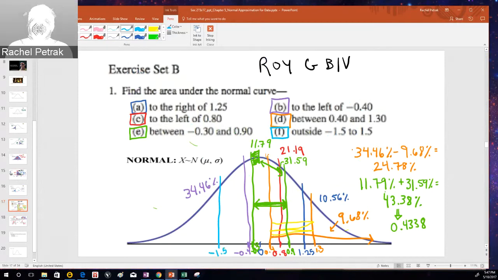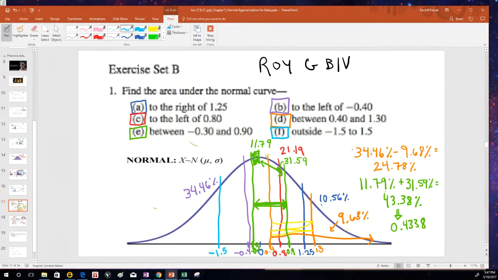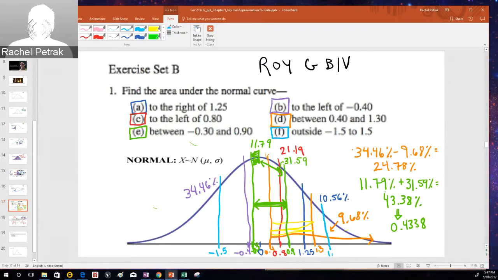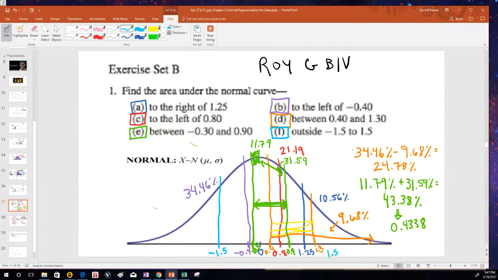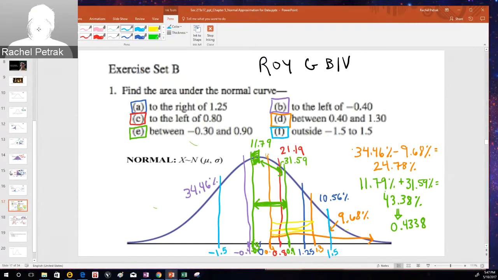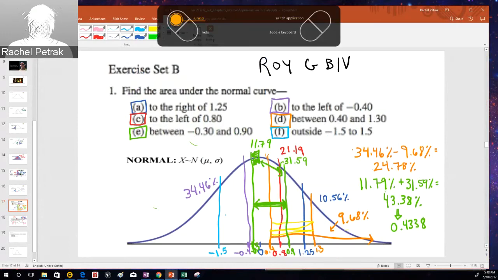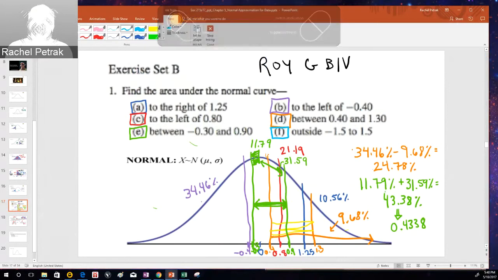I know I said 1.75, didn't I? Whoops. And here's a positive 1.5. And what we want to find is the area that's outside of both of these scores. Boy, those aren't correctly positioned on this distribution, because obviously these two scores are symmetrically located.